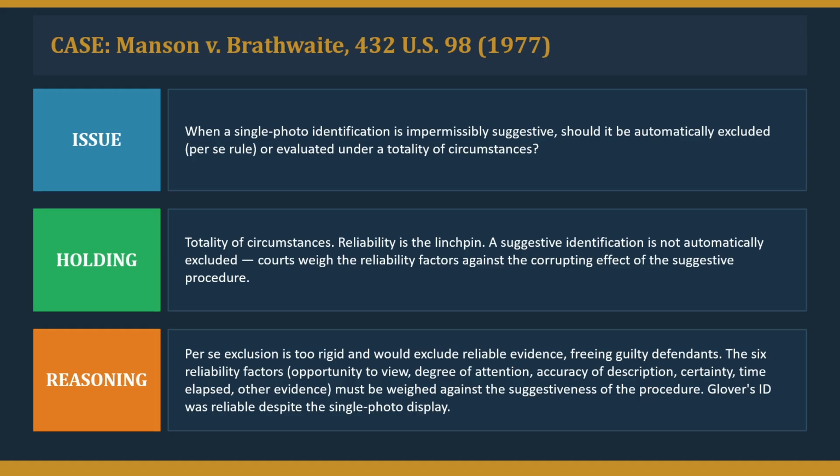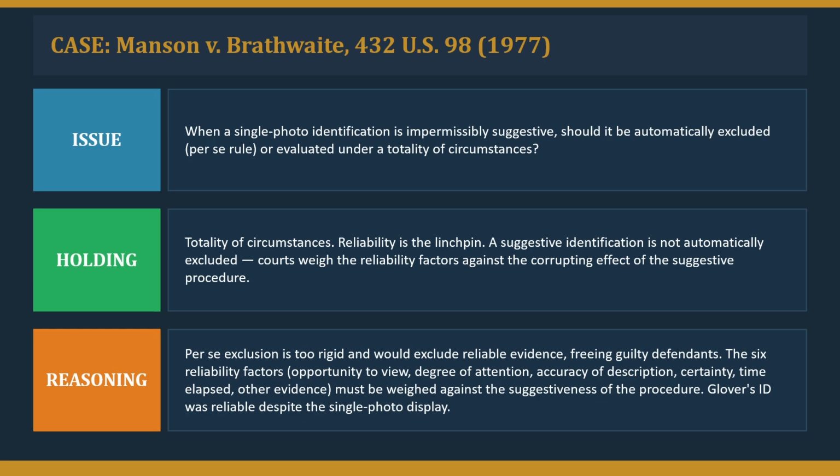On opportunity to view, Glover stood 2 feet from the seller for 5 to 7 minutes in good natural light. This was strong. On degree of attention, Glover was a trained undercover officer who knew he would need to identify the seller later. This was also strong. On accuracy of the prior description, Glover gave detectives a detailed, accurate description within minutes of the transaction. This was strong.